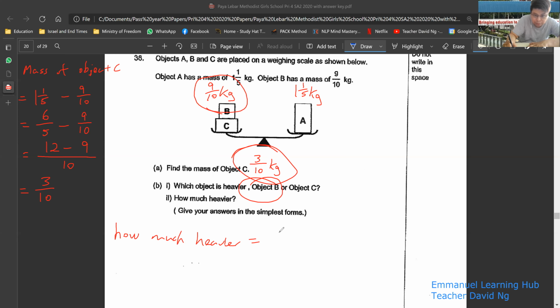Very good. But do you leave your answer at 6/10? You put kg, but do you leave your answer at 6/10? You need to change to simplest form. So 6/10, you change it to 3/5. Very good. 3/5 kg.